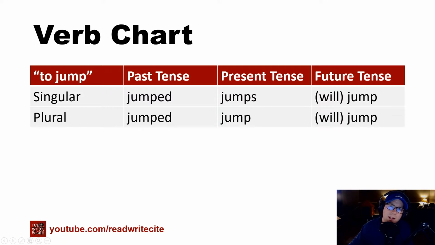This is where it has to match your subject, right? If your subject is singular, then you're going to choose one of these based on whether it is past tense, present tense, or future tense. And if your subject is plural, meaning it describes more than one subject, or the subject itself is plural, then you're going to use one of the bottom row, depending on whether it's past, present, or future.